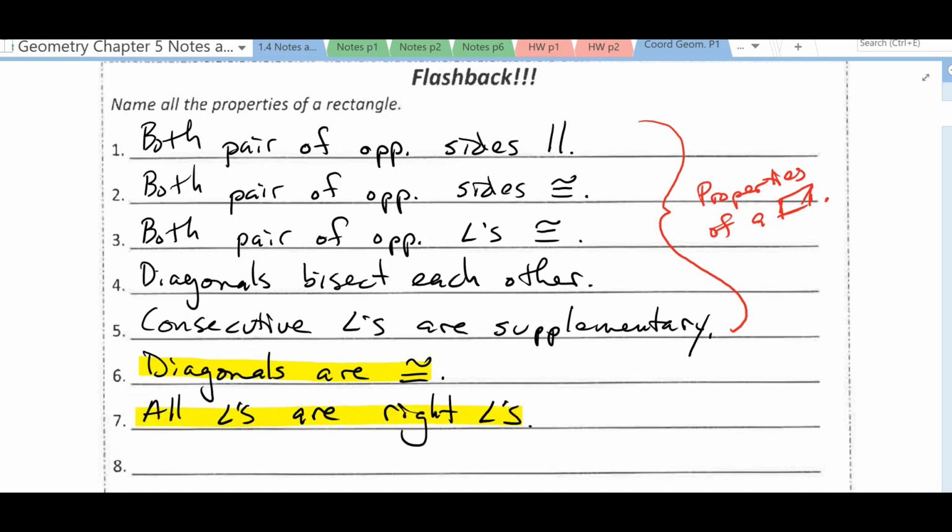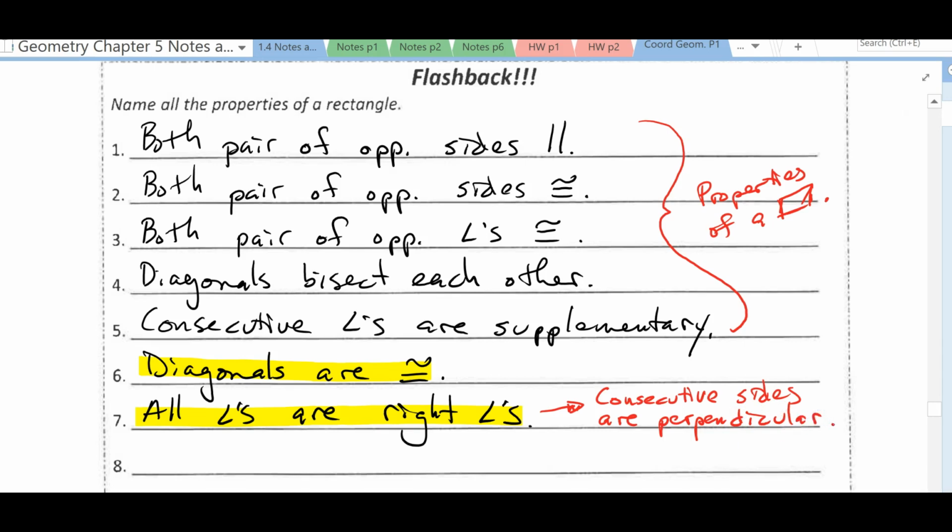What I want you to think about here is that if all angles are right angles, this means that consecutive sides are perpendicular.